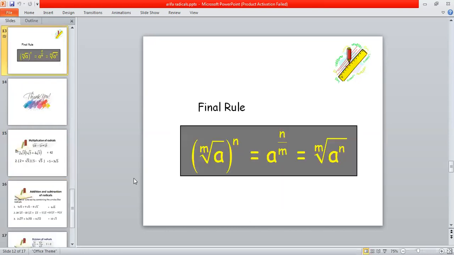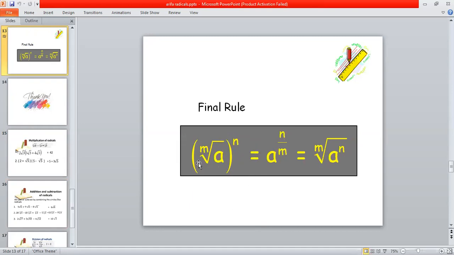The final rule is the mth root of a whole power n, that is the radical form, and you will write it in exponential form as a to the power n by m: the index of the radical lies in the denominator, and the whole power n lies in the numerator. The power should be a fraction.